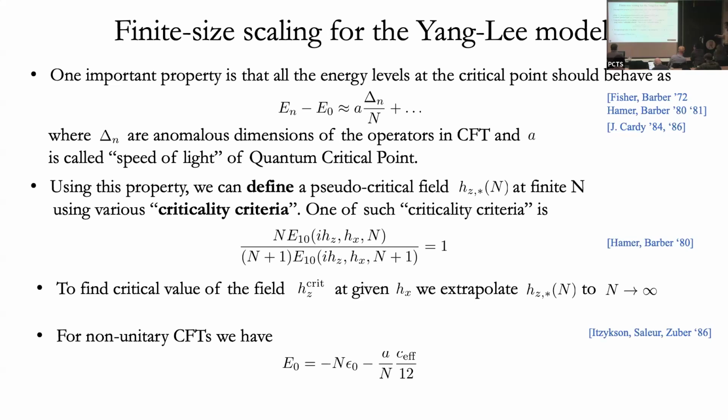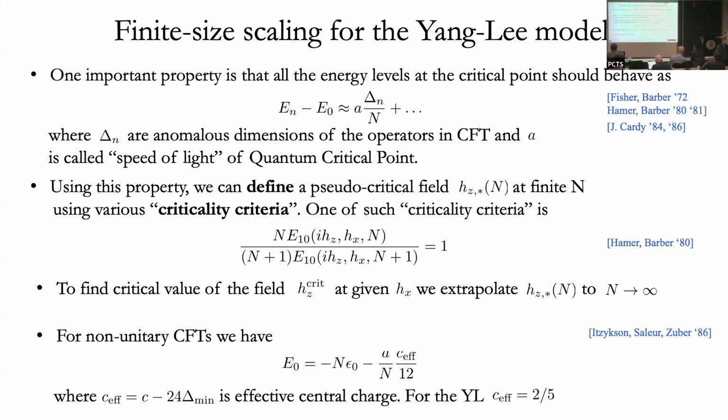And for non-unitary CFT, we know, for example, as Igor already mentioned, that the ground energy scales with n linearly, but there's a correction which goes as 1 over n, and this is proportional to the effective central charge. The effective central charge is the usual central charge minus 24 times the minimum anomalous dimension, and in Yang-Lee it's 2/5.